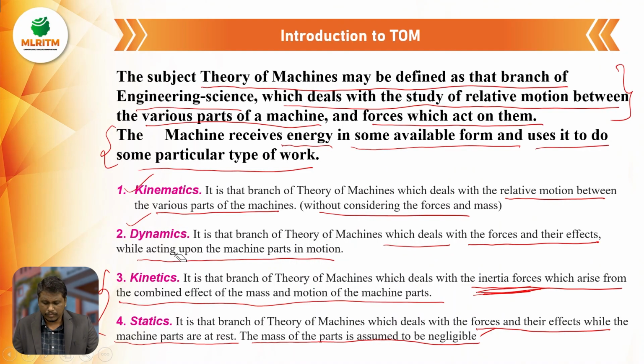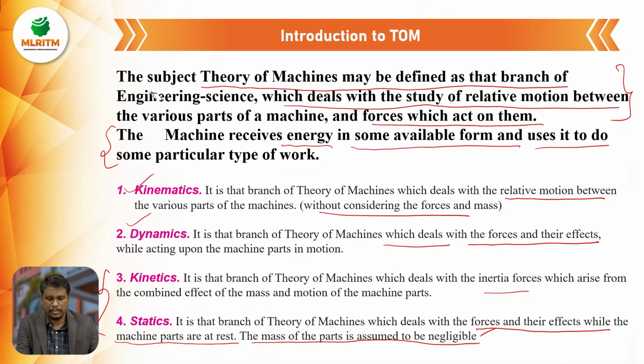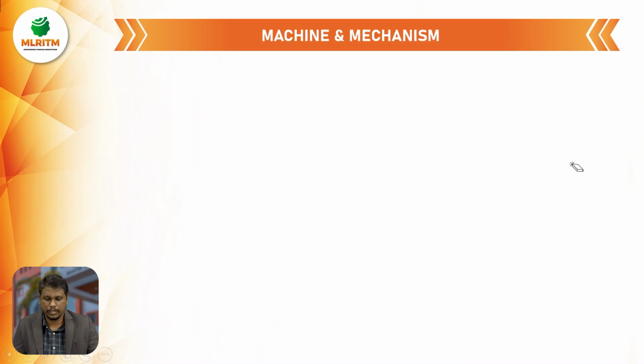And now we will start with what is a machine and what is a mechanism. In the theory of machine, we are going to study how one machine is formed, and from that machine how we get the output. Output is nothing but our work, that means the application.